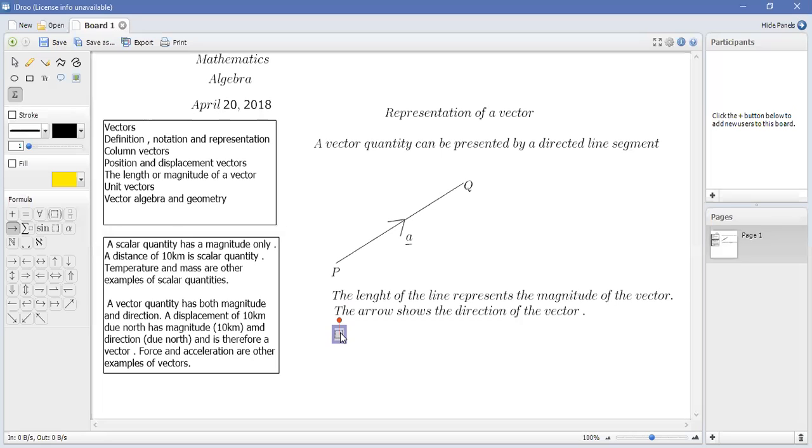Now we're going to look at the notation of the vector.